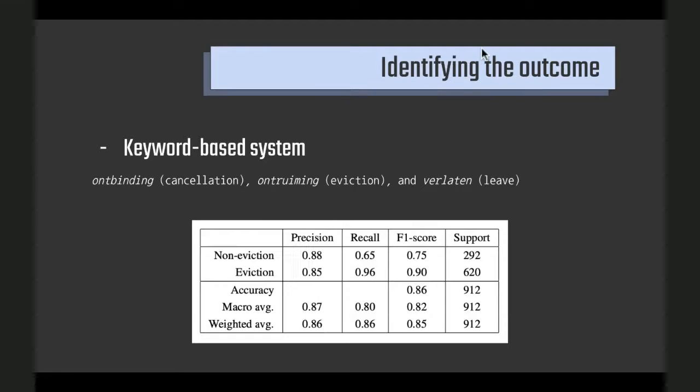So the first one, keyword-based system, is basically what we wanted to do is just find specific words within the text of the judgment to be able to just identify how the case ends. If you've never seen a Dutch court case, it's quite free worded.